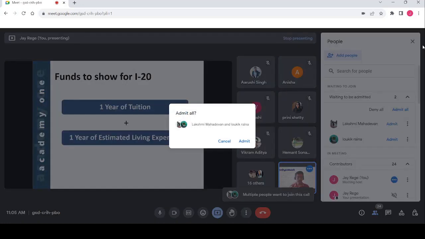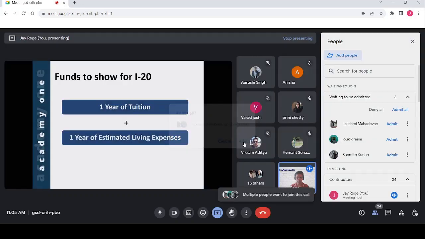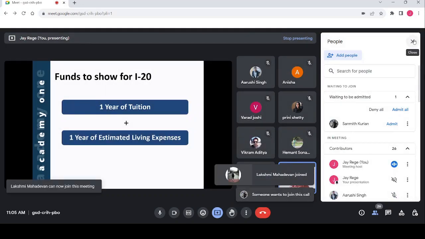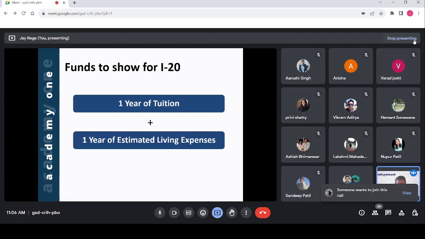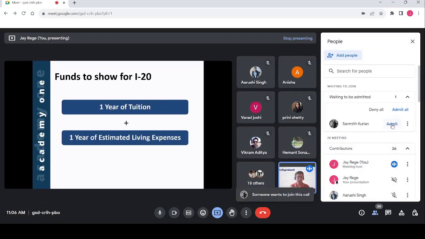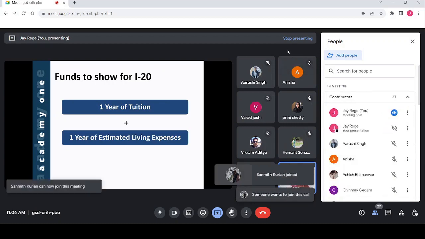In addition to that, every university estimates your living and other costs, like the cost of food, room and rent, insurance, and sometimes books and other costs.